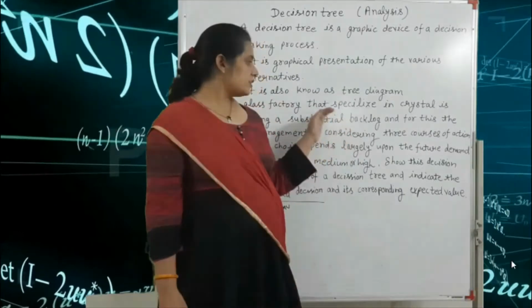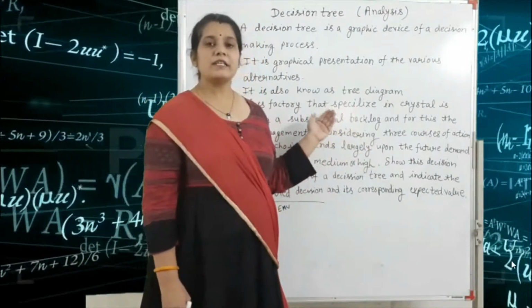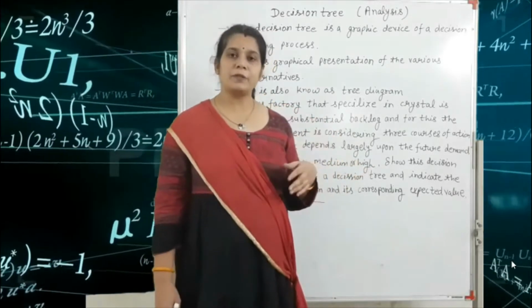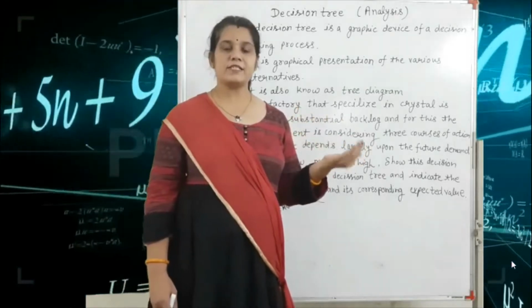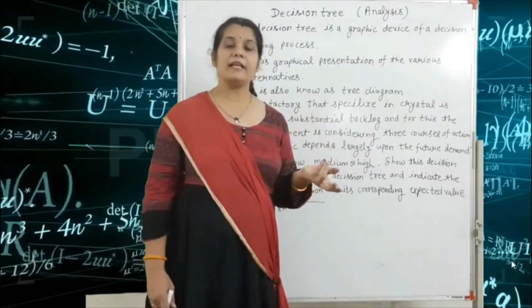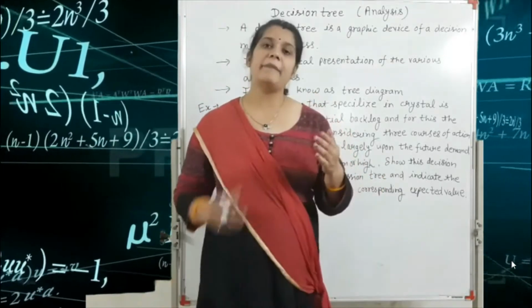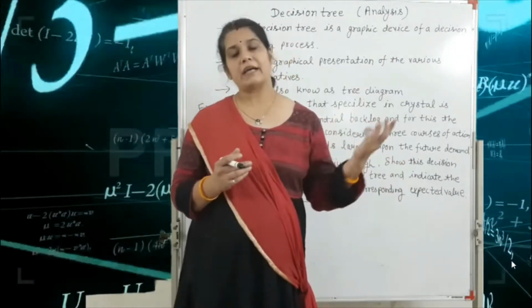In this question we are given three alternatives and three probabilities. With the help of these two, we find the expected monetary value, map the payoff matrix, and after that we map the diagram.